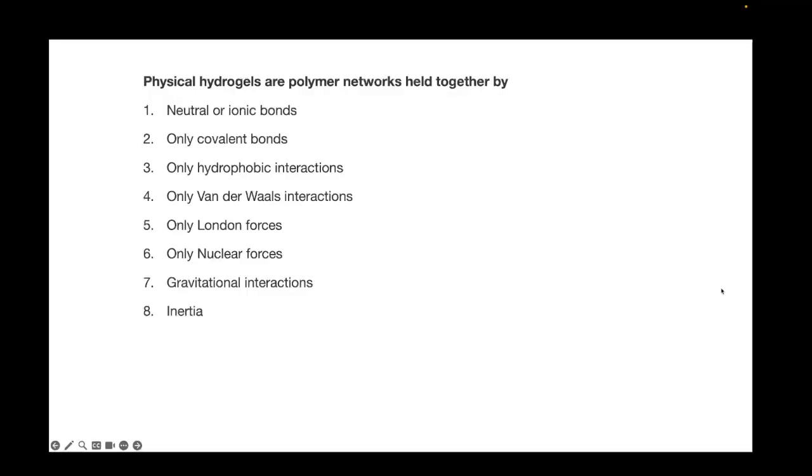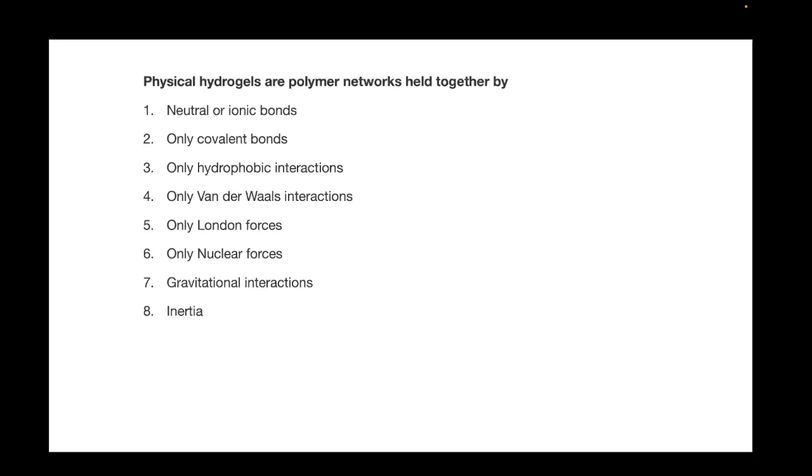Okay, so the correct answer here is most of the physical hydrogels are polymer networks held together by neutral or ionic bonds. Most of these bonds, non-covalent interactions like ionic or hydrogen bonding or van der Waals, come under these neutral or ionic bonds.